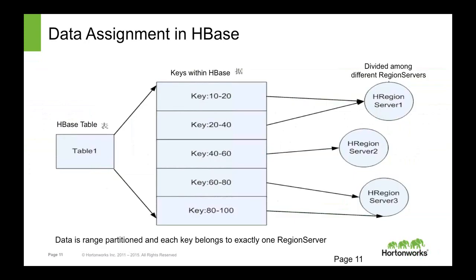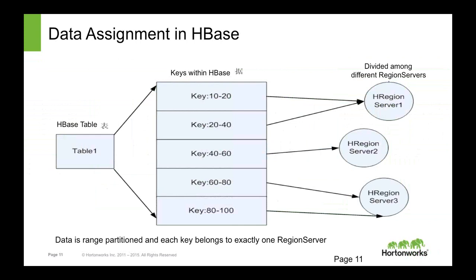What HBase essentially does is, when you create tables within HBase, there are keys, and these keys will be unique, and they'll have key ranges. Very simplified, it takes these ranges and distributes them across your cluster, across the nodes.